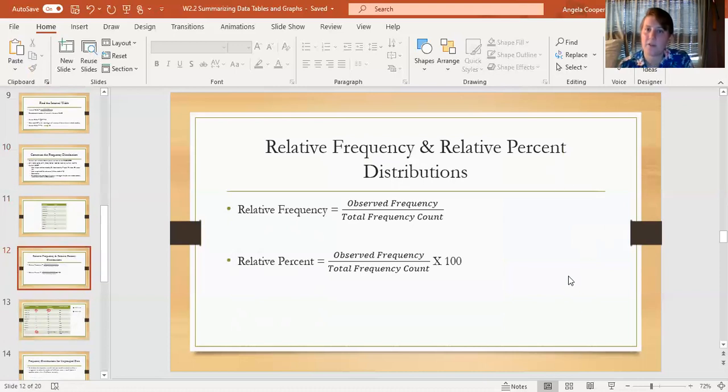So we have relative frequency and relative percent distributions. Essentially, what that's saying is for each of the intervals that we have, like the 0 to 17, what percentage or what frequency of the entire data set does the 0 to 17 make up?